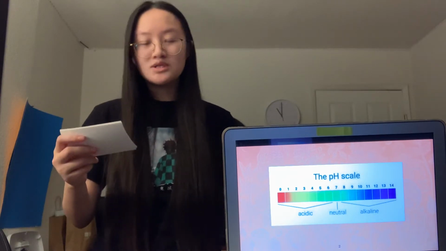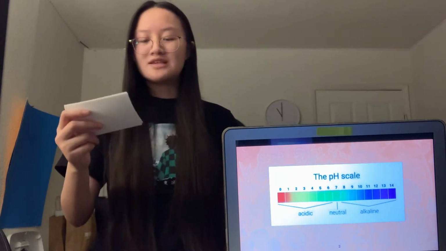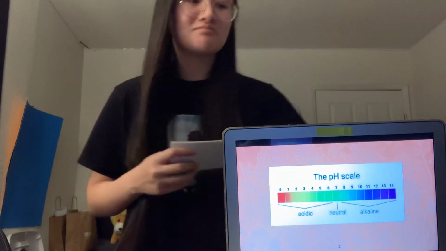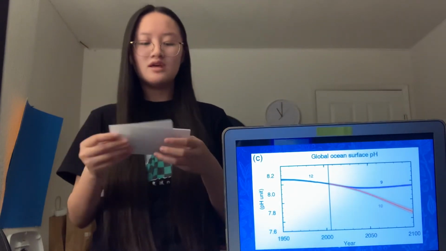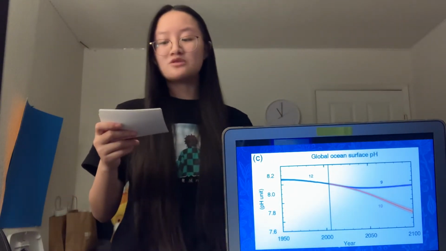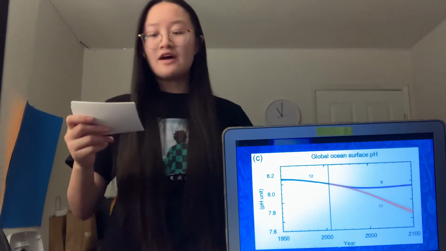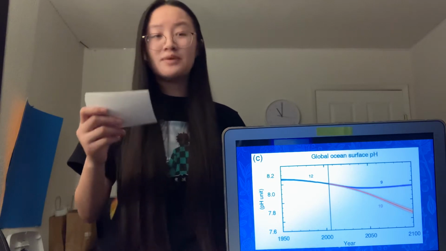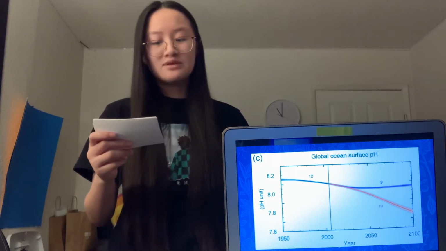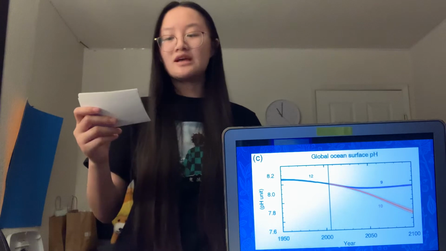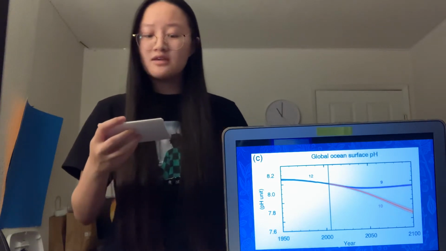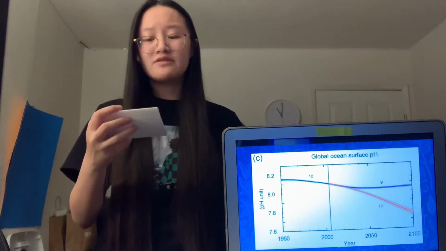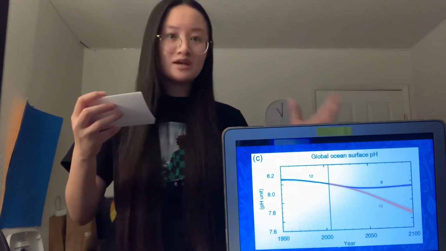How acidic our ocean is is very important, because at a certain pH level, marine life will start to get affected. According to the United States Environmental Protection Agency, the average pH before the year 1800 was 8.2, making it a basic pH level, which is fine because ocean water is normally slightly basic, but at this rate, the estimated pH by 2100 is below 7.5, which is more on the acidic side.